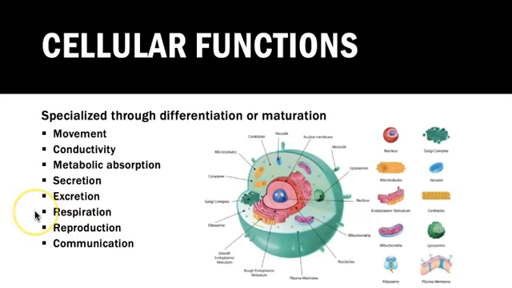Respiration is also very important. Our cells absorb oxygen, and that is used to transform our nutrients into energy, which we know as ATP. Later on, we'll talk about cellular respiration or oxidation, and of course that happens within the mitochondria.